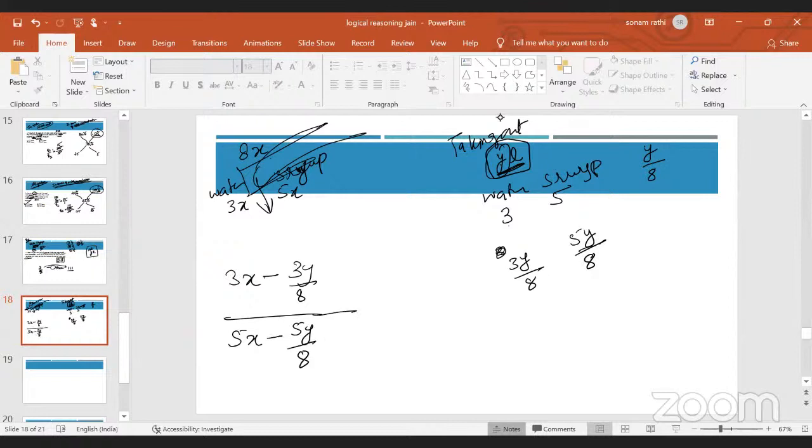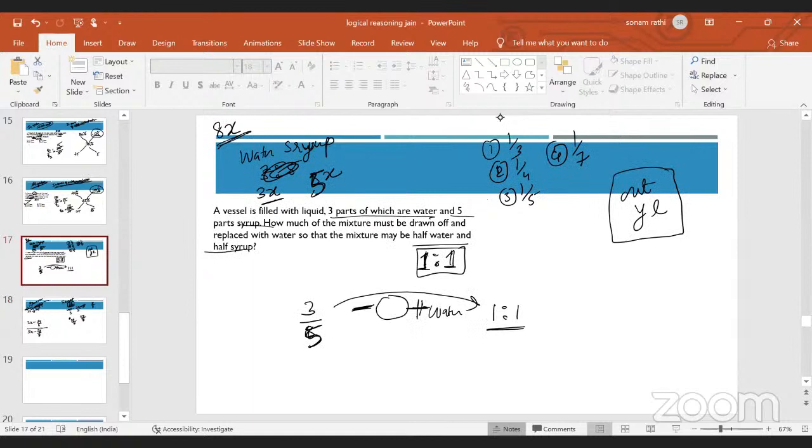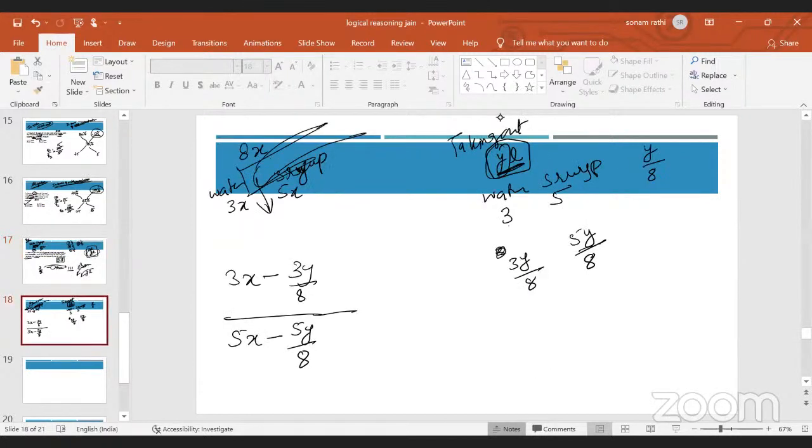Correct? And read the question. They are adding some water. How many liters of water are they adding? The same amount. How much mixture must be drawn off and replaced? Replaced means the same amount. You're taking out y liters, you're putting back y liters of water. So plus y water.